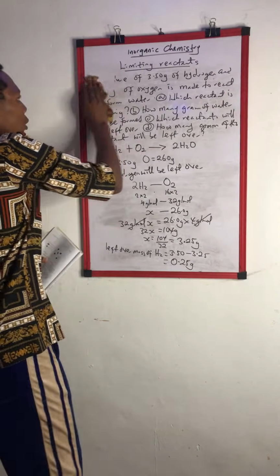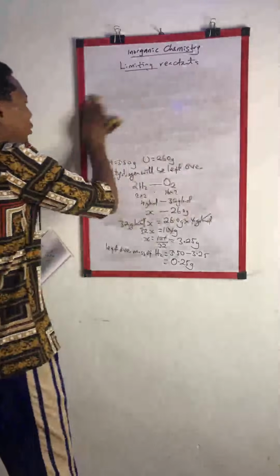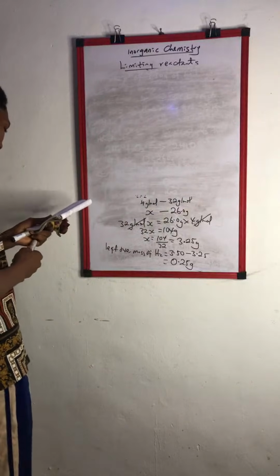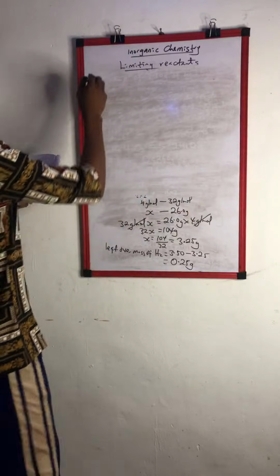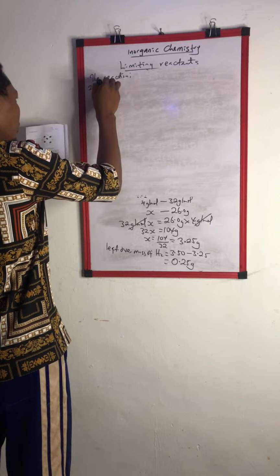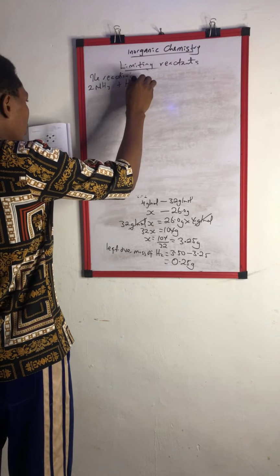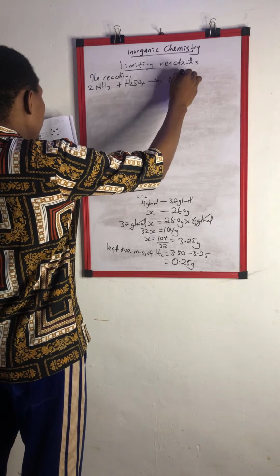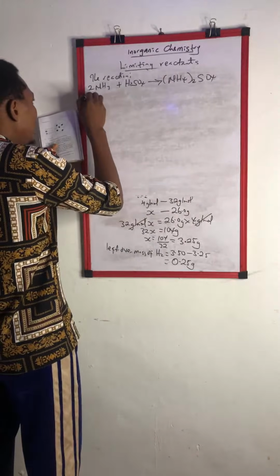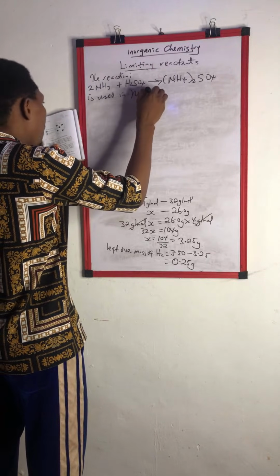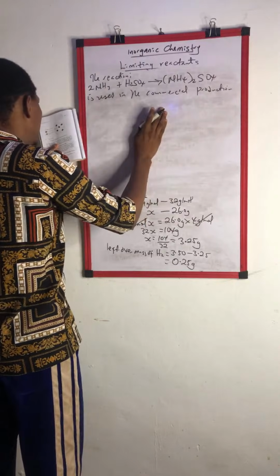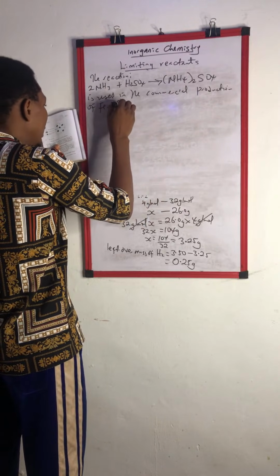So let's take this other question. They say the reaction 2NH3 plus H2SO4 react to give us (NH4)2SO4, which is used in the commercial production of fertilizer.